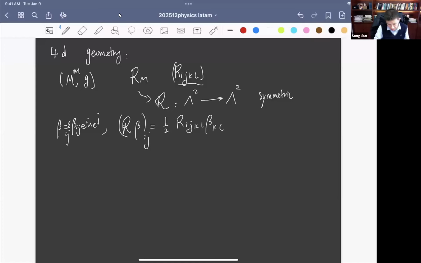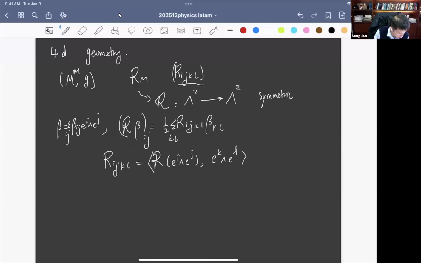This 1/2 is because we're summing over all indices, so that R_ijkl is really just R acting on e_i ∧ e_j, inner product with e_k ∧ e_l.